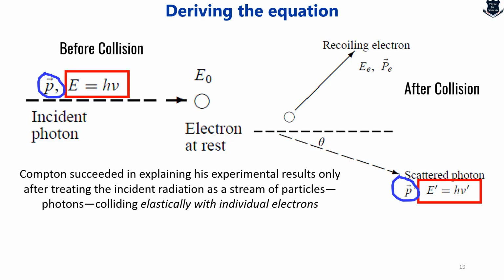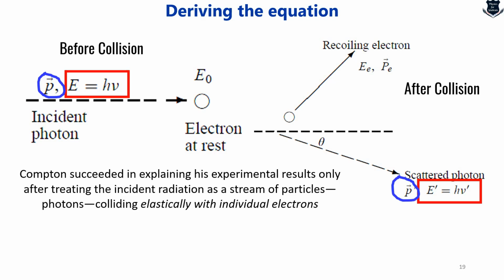What is important is that Compton succeeded in explaining his experimental results only after treating the incident radiation as a stream of particles, photons, colliding elastically with individual particles. Like a billiard ball analogy, you can think of the incident radiation as a stream of billiard balls colliding with other billiard balls, which are electrons.